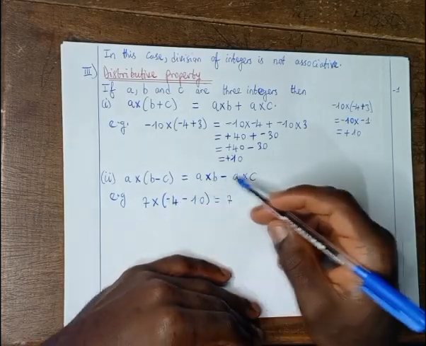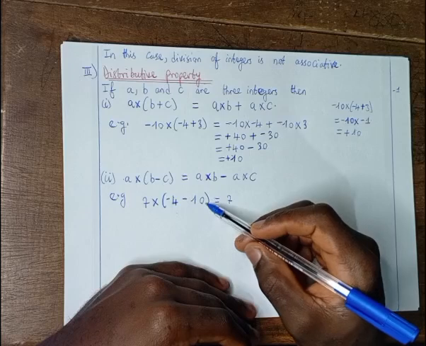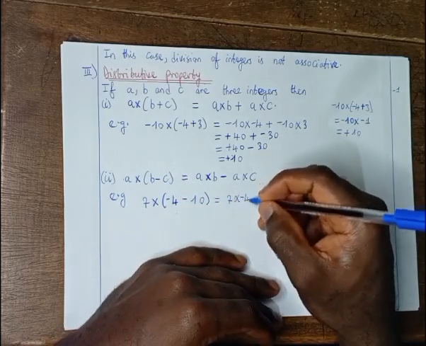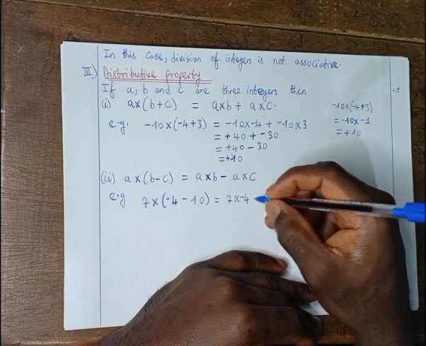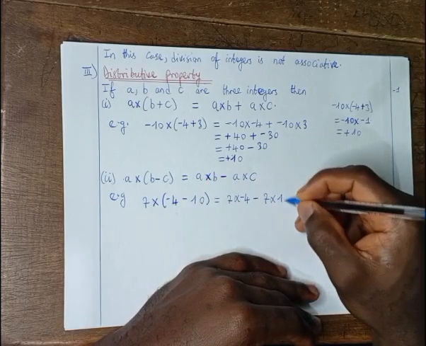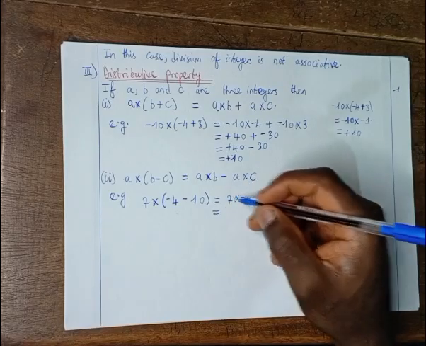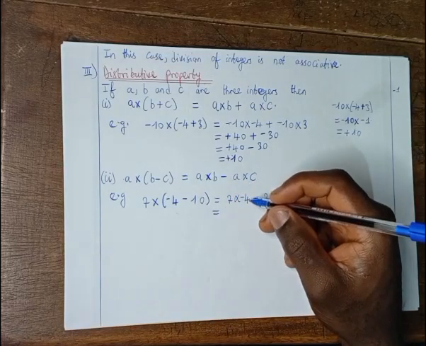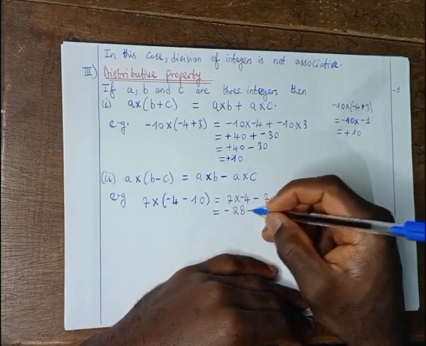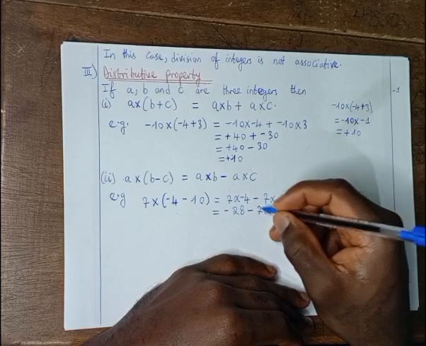If we apply this property, a is 7, b is negative 4, c is 10. You can see the negative sign. 7 times negative 4 minus 7 times 10. So this will simply give us 7 times negative 4 will simply give us negative 28, minus 7 times 10 will give us 70.